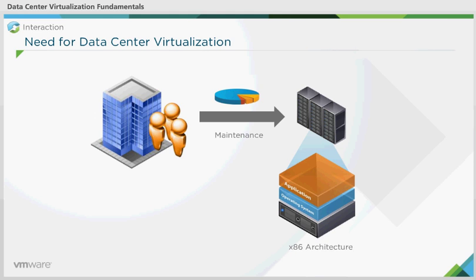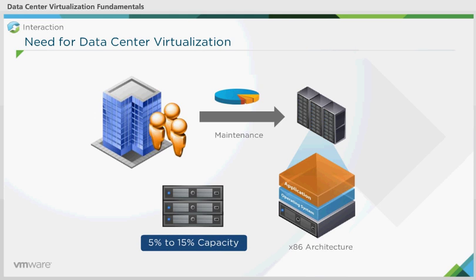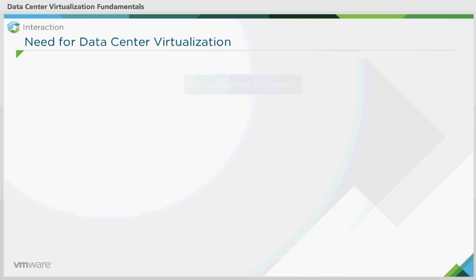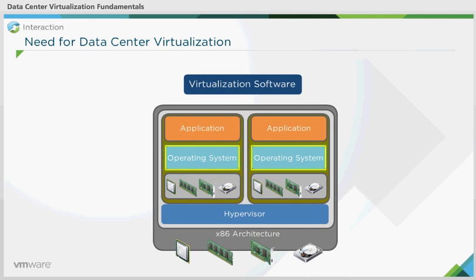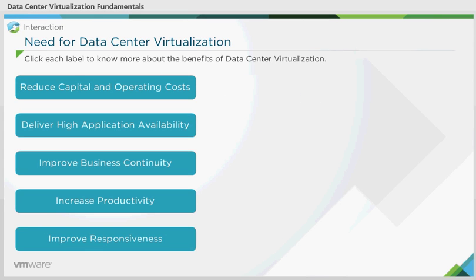As a result, even small data centers have to deploy many servers, each operating at just 5 to 15% of its capacity, highly inefficient by any standard. Virtualization software solves the problem by enabling several operating systems and applications to run on one physical server or host. Each self-contained virtual machine is isolated from the others and uses as much of the host's computing resources as it requires. Click each label to know more about the benefits of data center virtualization.